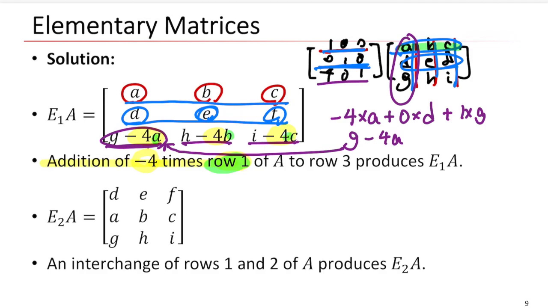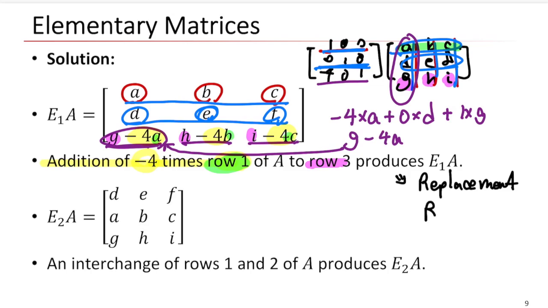Row 1 here, right? To row 3 itself, right? So it means that there was the replacement operation, the elementary row operation, right? So this is the case of the replacement operation.